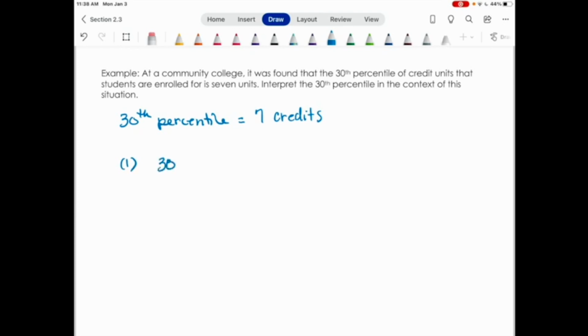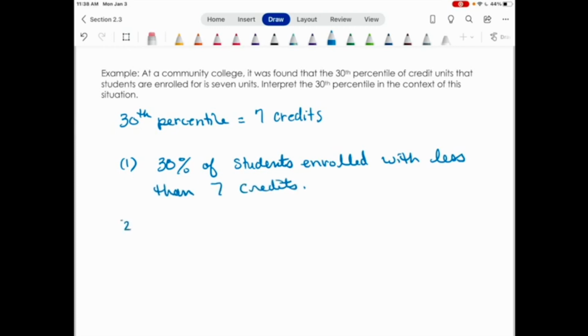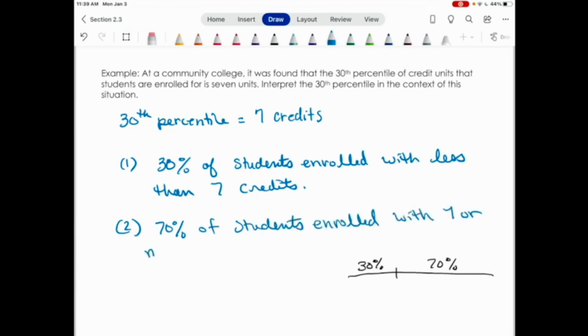I could say 30% of students enrolled with less than 7 credits. Or if I look at the complement of that, if I break it up, if this is 30%, then this has got to be 70%. So I could also say 70% of students enrolled with 7 or more credits.